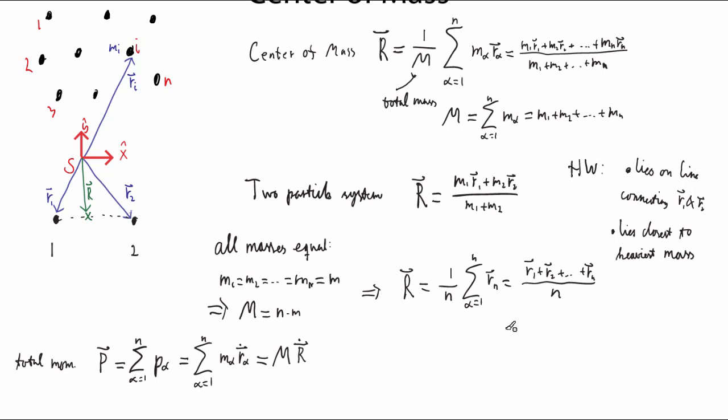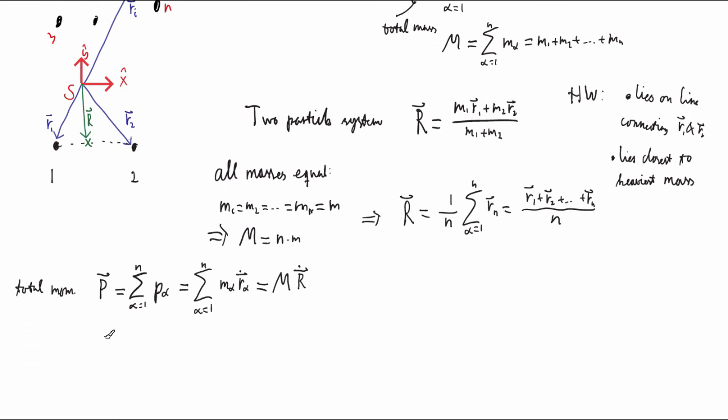Right? Because we just showed earlier that P dot equals only the external forces, which means that this then has to equal capital M times capital R double dot.